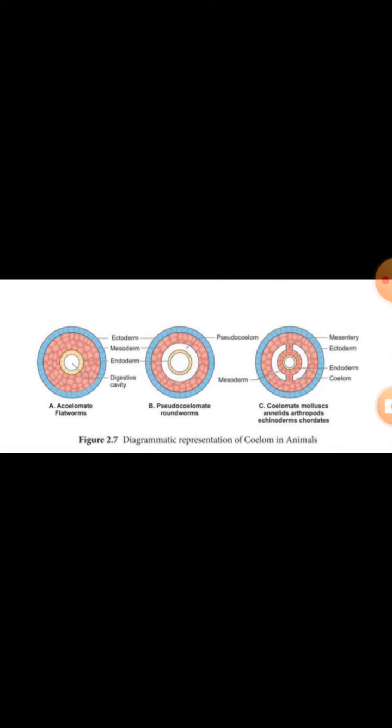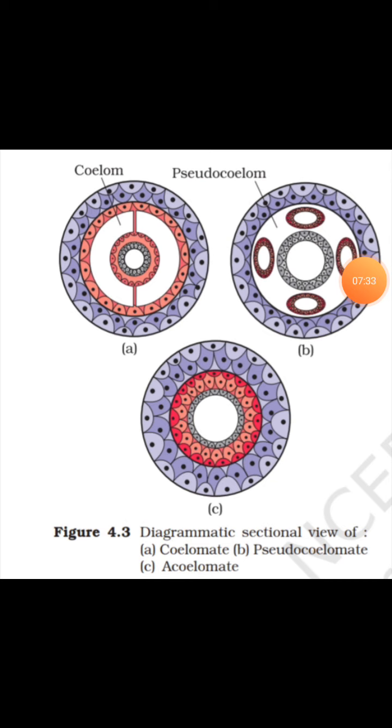For example, roundworm, Ascaris, belonging to Aschelminthes. Another is an organism having a true coelom or body cavity, called eucoelomate or coelomate. Except for these two groups, all the remaining organisms are eucoelomates. The diagrammatic explanation is neatly given: acoelomate, pseudocoelomate and coelomate organisms. The diagram is given.